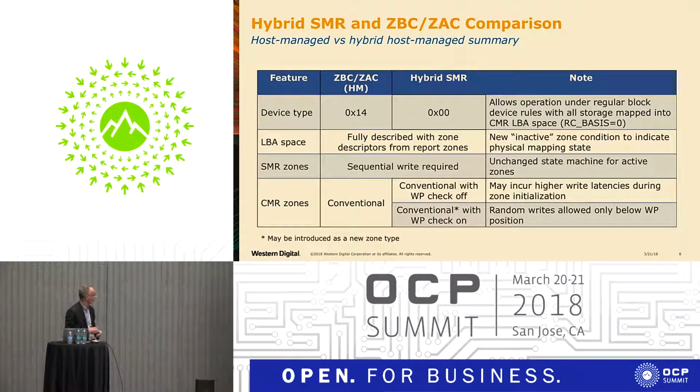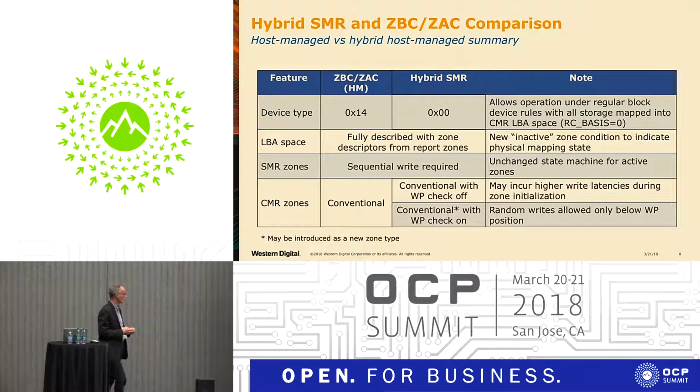So here is the summary of the differences between regular ZBC, ZAC, host managed SMR, and hybrid SMR. Device type changes: 0x14 for host managed SMR becomes regular 0 block device type for hybrid SMR. The LBA space, in both cases, is fully described with zones, but we do add new zone conditions for hybrid SMR.